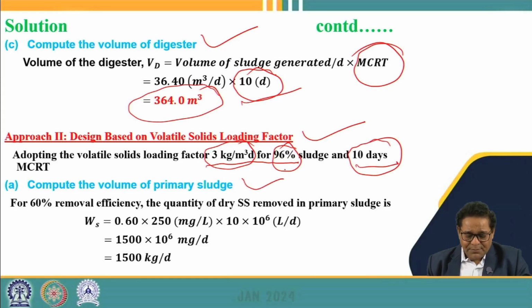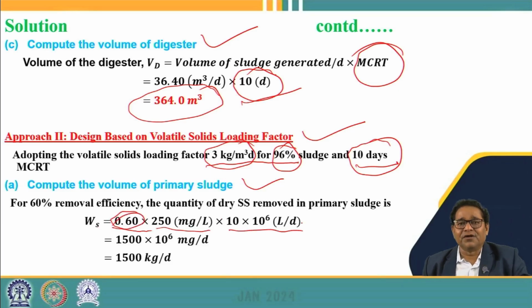Let us compute the total weight of the primary sludge which will be generated. This is again in a similar way: the initial suspended solid concentration, 60% is removed, and if we multiply with the flow rate, we get 1500 kg of total solids produced per day.